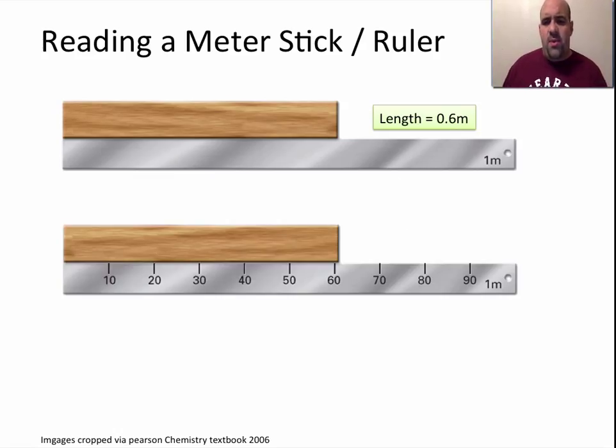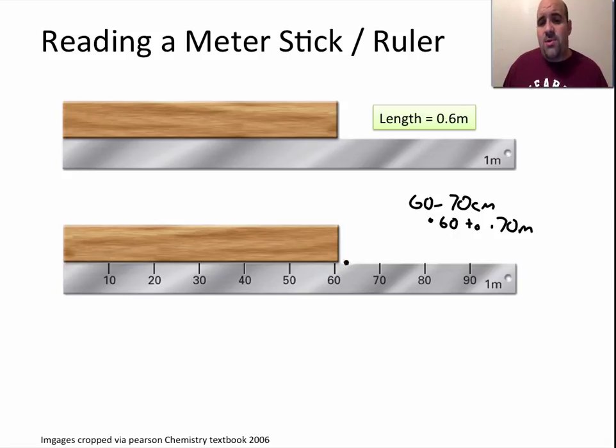The second one, we know that this block is now between 60 to 70 centimeters, or 0.60 to 0.70 meters. That is for certain. It's absolutely within this range. But where is it exactly?